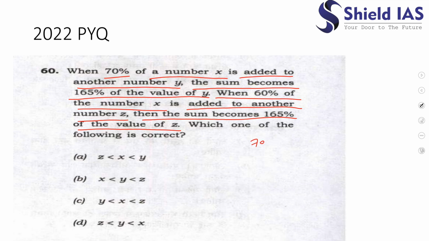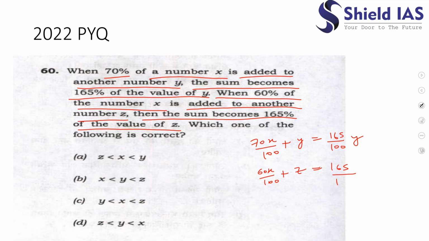70% of a number x, that is 70x by 100, is added by another number y. It equals 165% of y. First equation. Second equation, when 60% of the number x is added to another number z, then it becomes 165% of z.